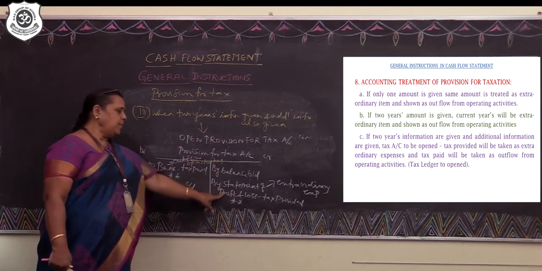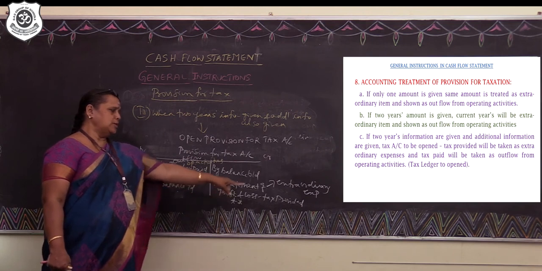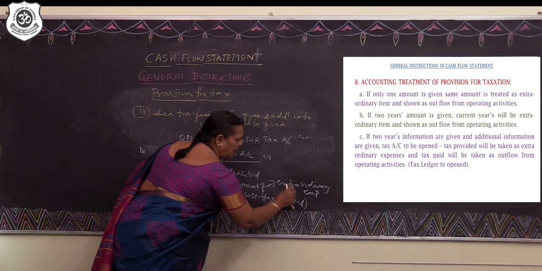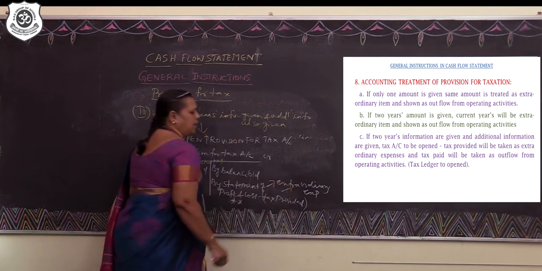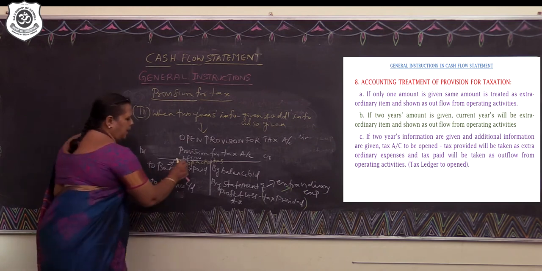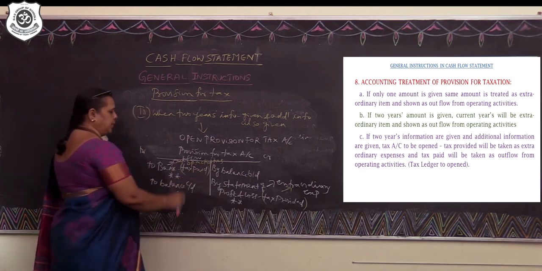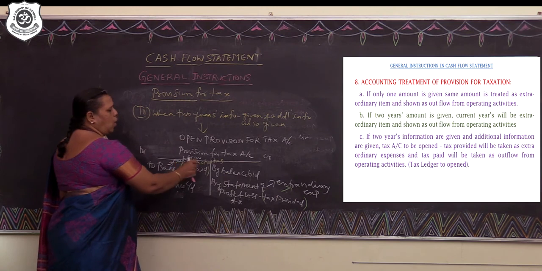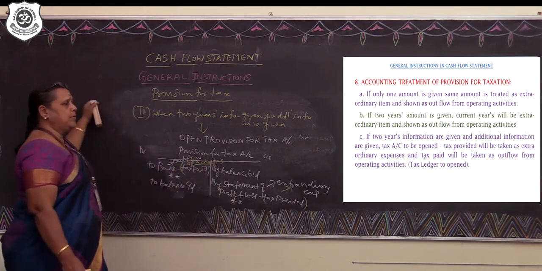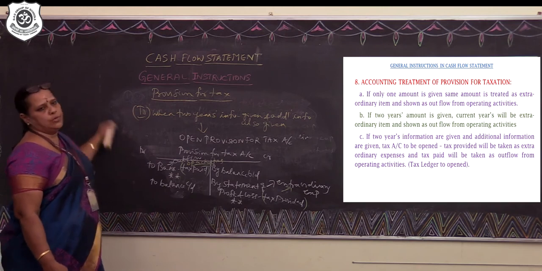And if it is going to be by statement of profit and loss, tax provided during the year, then this will be treated as an extraordinary expense in the cash flow statement. And if it is going to be tax paid as the balancing figure, it will be treated as an outflow from operating activities. Fine? This is the accounting treatment of provision for tax.